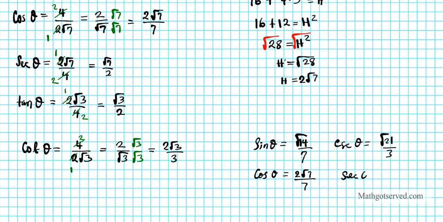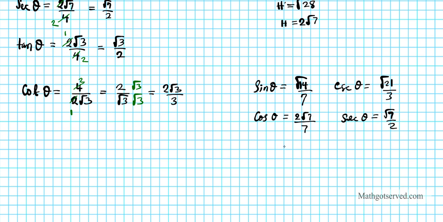Secant theta equals root 7 over 2. And we have tan theta equals root 3 over 2. And cotangent theta equals 2 root 3 over 3. Alright, so there goes our six trig ratios.